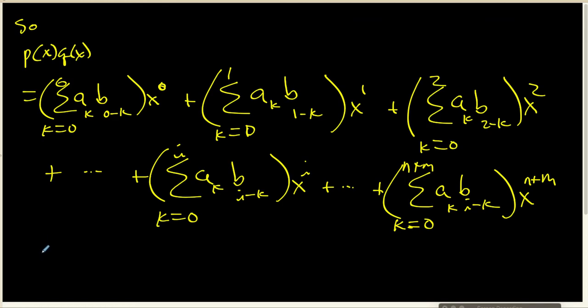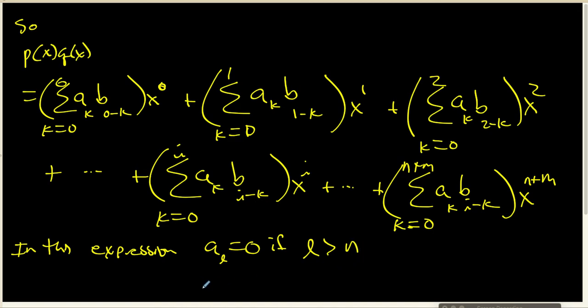Now, it is important to realize that in this expression, a_L is always going to be equal to 0 if L is bigger than n, and b to the K minus L is going to be equal to 0 if K minus L is bigger than m. And so a lot of these terms, particularly the higher powers of x, are going to drop out of the sum, but we don't need to worry about that because that'll take care of itself.